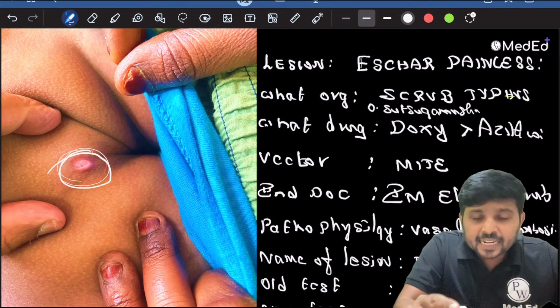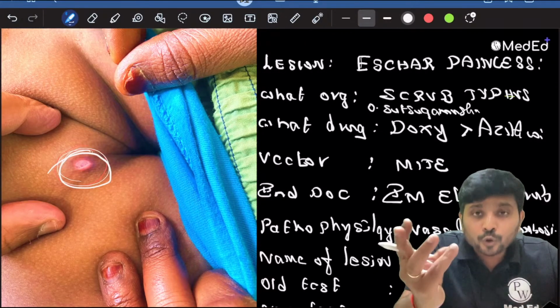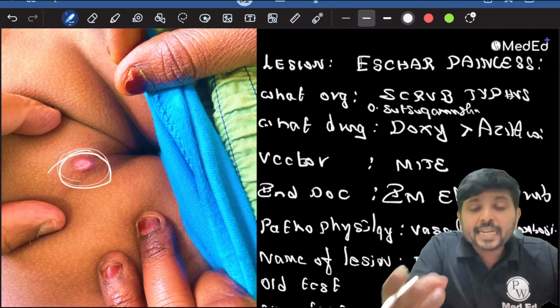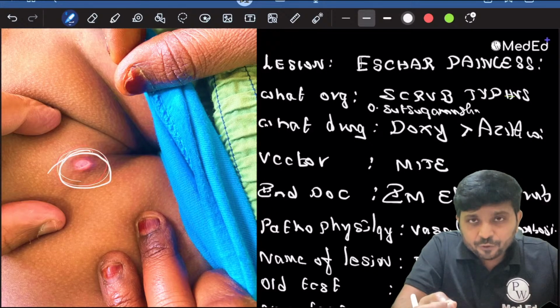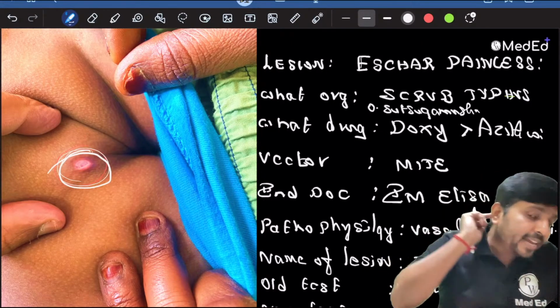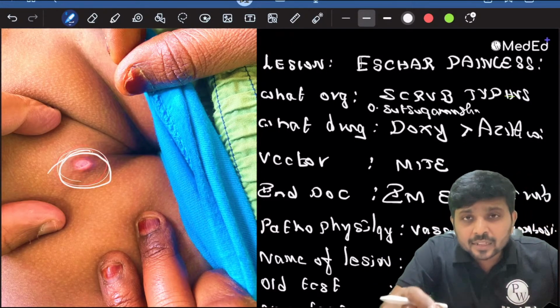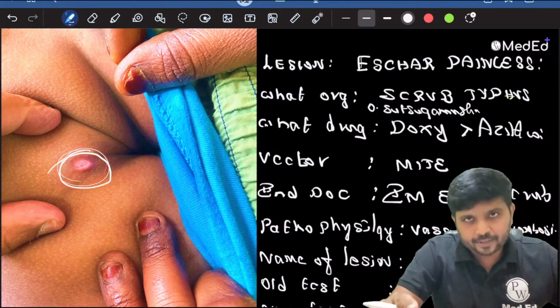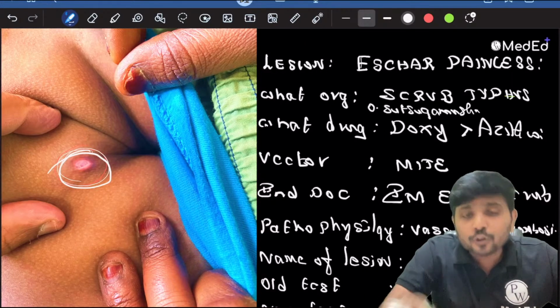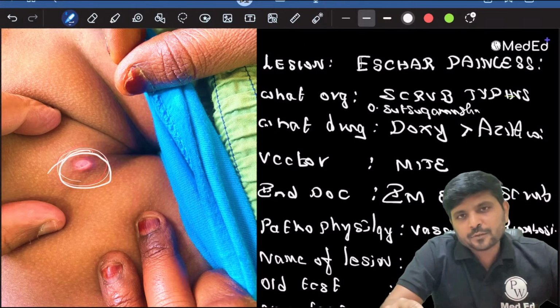When any skin lesion, particularly painless and involving your scrotum, penis, inguinal fold, vaginal fold, axillary fold, behind the ear, these are all the sites of mite bite. I repeat, these folds are the main areas for mite bite.